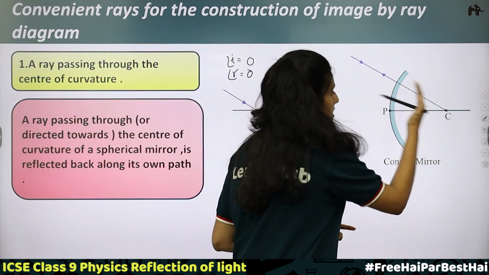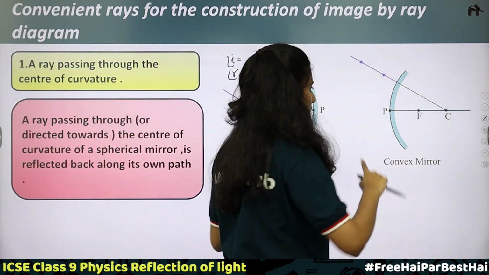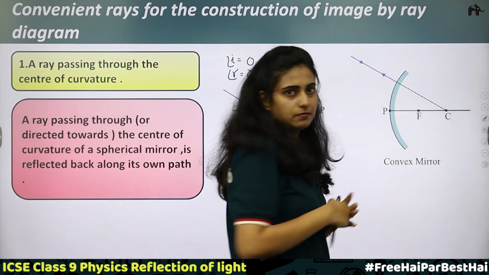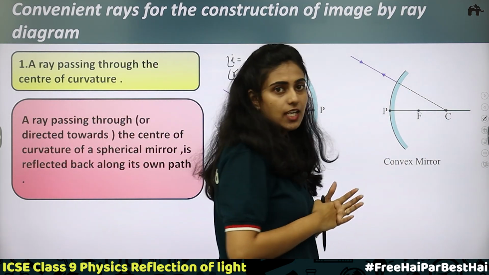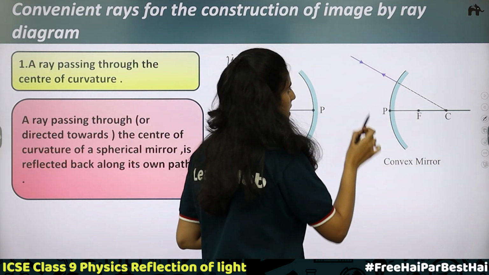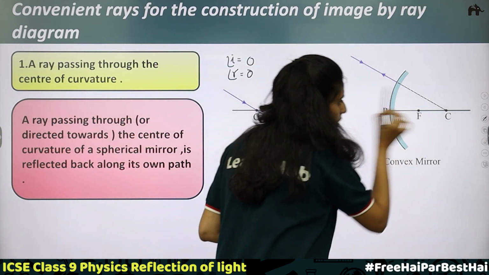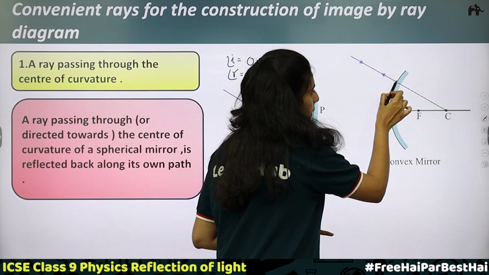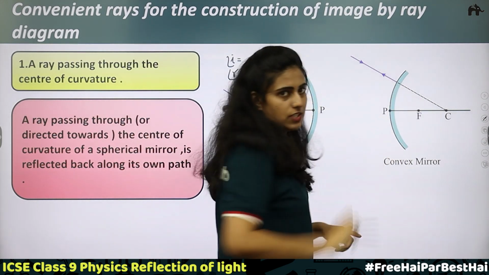Why? Because the center of curvature of a convex mirror is behind the mirror, behind the silvered part. It is not in front of the mirror. In this case, a light ray which is directed towards the center of curvature, after reflection, will appear to come from the center of curvature.